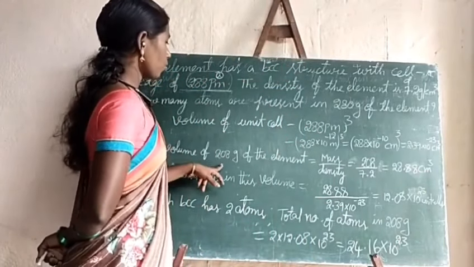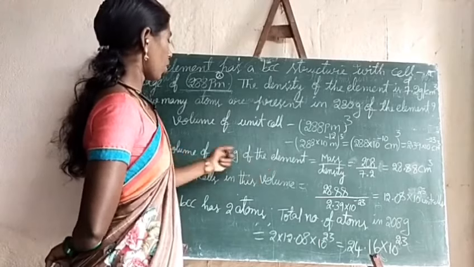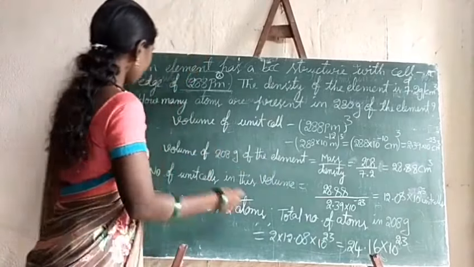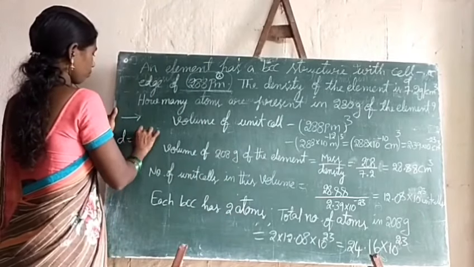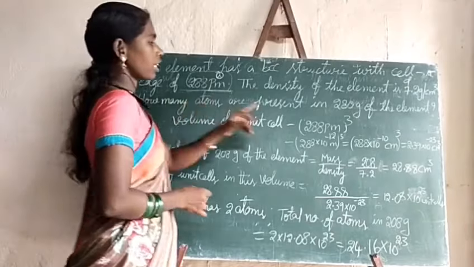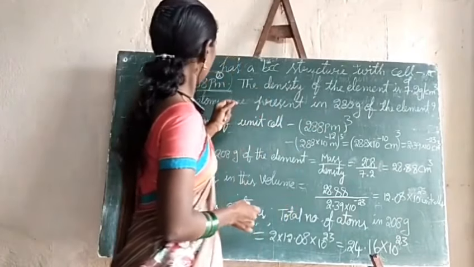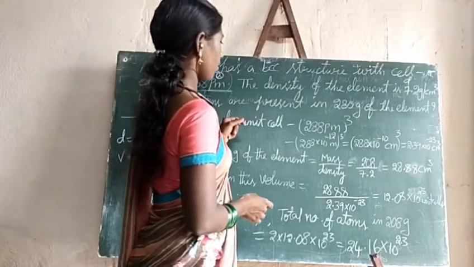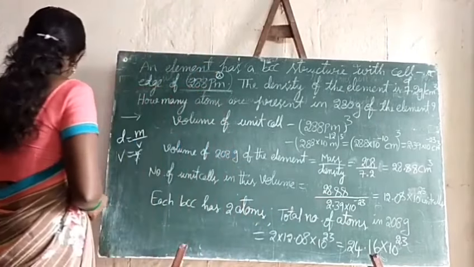Now, volume of 208 grams of the element, we have to find out. Generally, density means mass per volume, correct? So from this, volume is mass by density. So mass they gave us 208 grams, divided by 7.2.